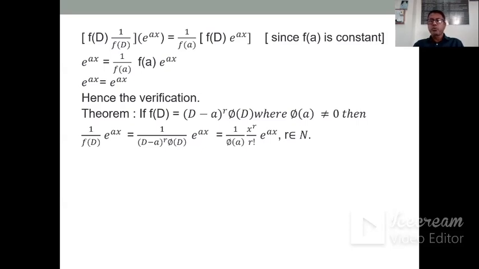This is equal to x to the power r e to the power ax upon r factorial into phi of a, where r is a natural number.